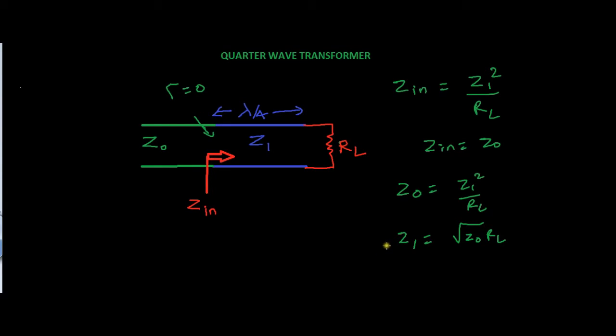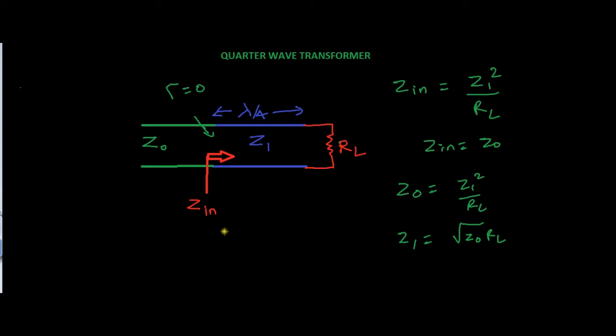So what it means is, by introducing a transmission line with characteristic impedance Z1, which is square root of Z0 into RL, both values of which are known to us beforehand, and having length equal to lambda by 4, we can match the load to the characteristic impedance Z0 of the source feed. Okay, so as you can see here, there will be no reflection at this point, hence the matching will be possible.